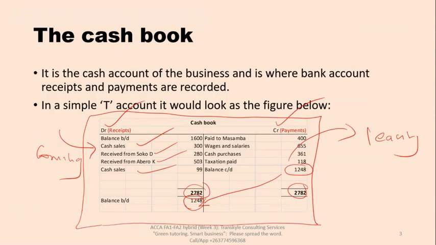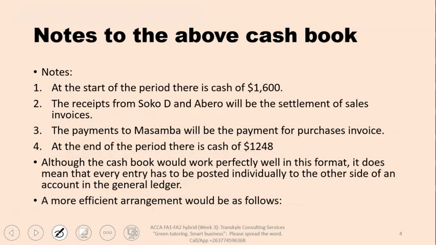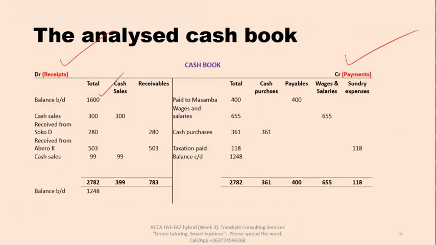We still have our opening balance of 1,600, the same opening balance here. But you can see that we have a column for cash sales and for receivables. The totals are still the same as in the original cash book, but we now want to ensure that where possible, transactions which have similar characteristics are merged to some extent.